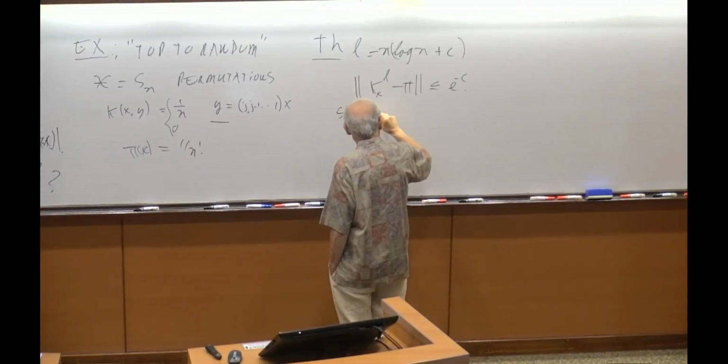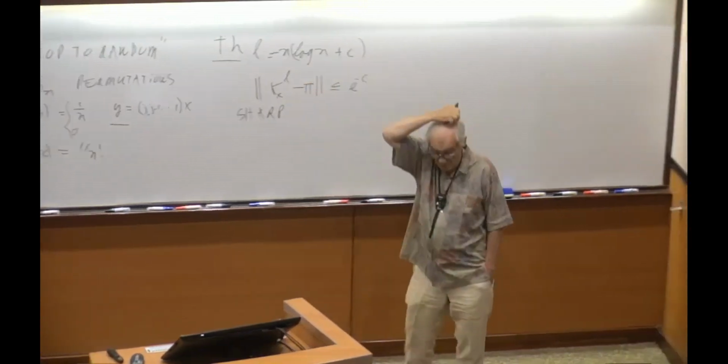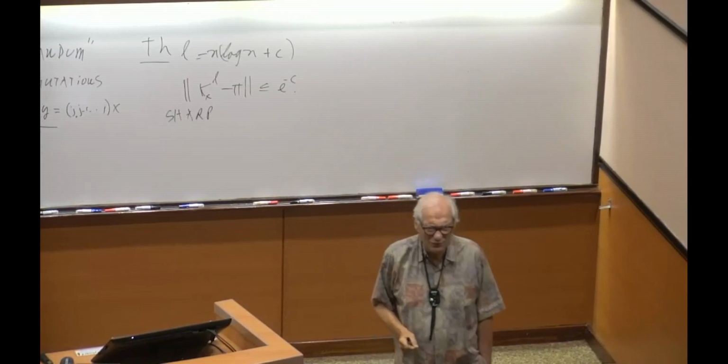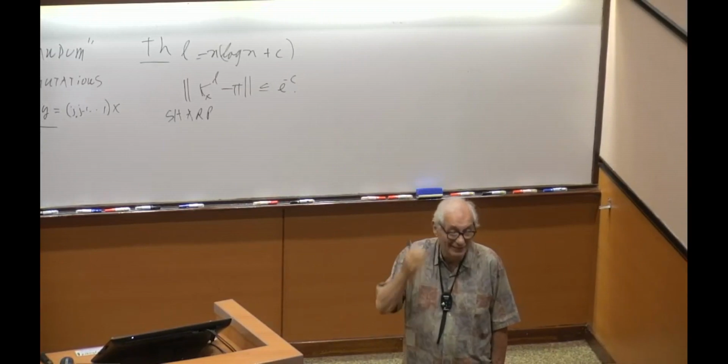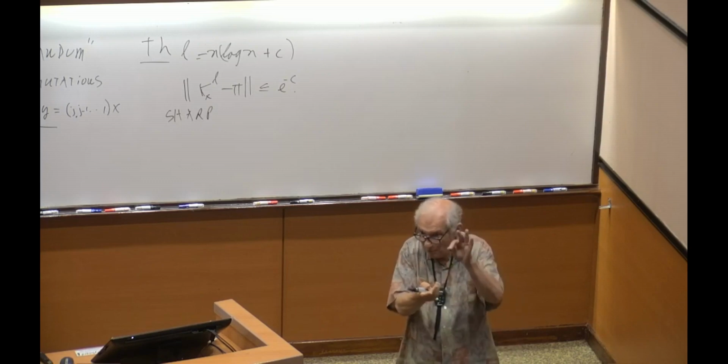Sharp, S-H-A-R-P. So when n is 52, log n is about 4.5, and 52 times 4.5 is, I don't know, 200 and something, right? Something like that. So it takes 250 pokes or something like that.